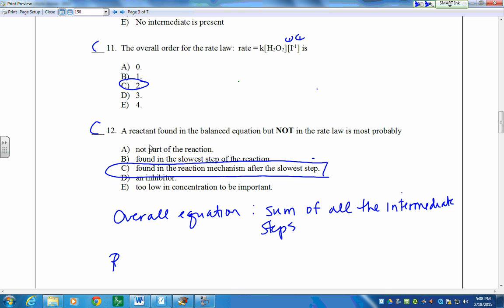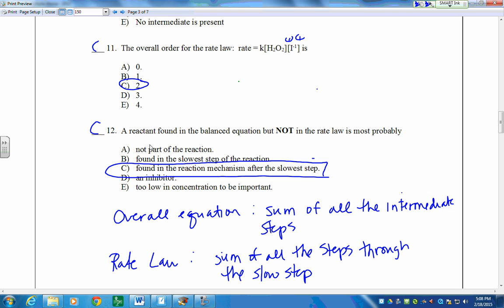The rate law comes off the stoichiometry of not the overall equation. The rate law comes from the sum of all the steps through the slow step.